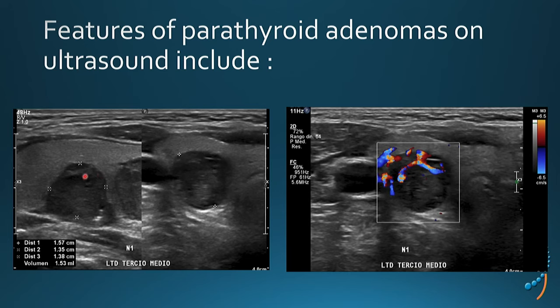Cystic components are relatively common, ranging from multiple small areas, and calcification in these lesions is rare. 90% show a hypervascular intraparenchymal prominent artery pattern.